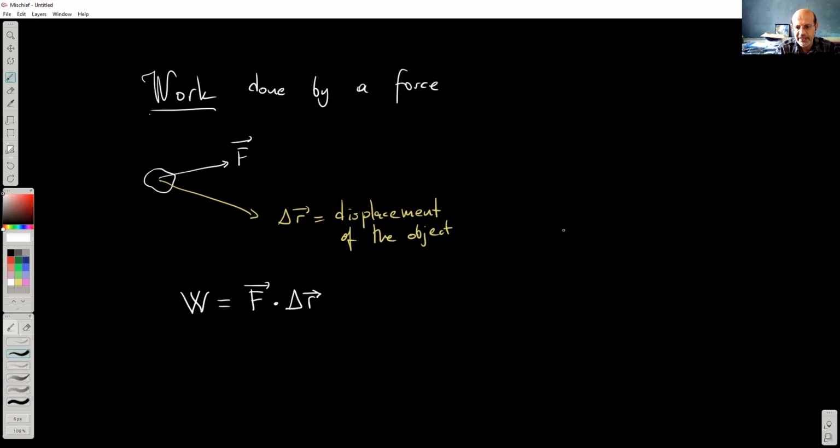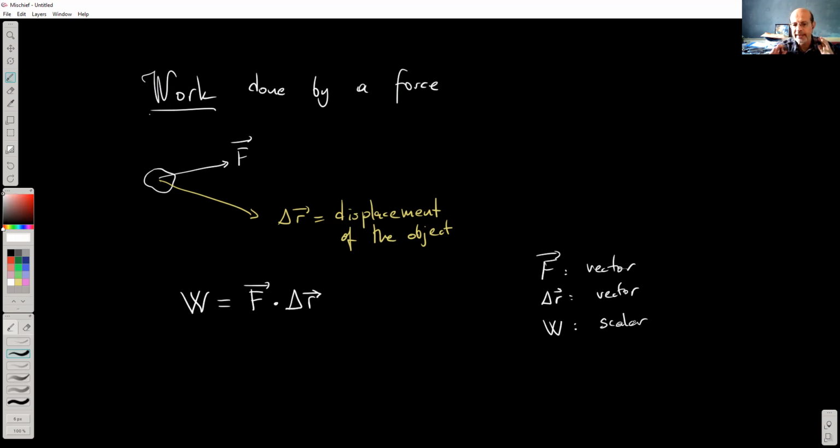What's important here is that the force is a vector and the displacement is a vector. So we have a product of two vectors here. There are two types of products: I can take a dot product or a cross product, but one of them gives a scalar and the other gives a vector. Here, the result is a scalar, so the product should be a dot product.